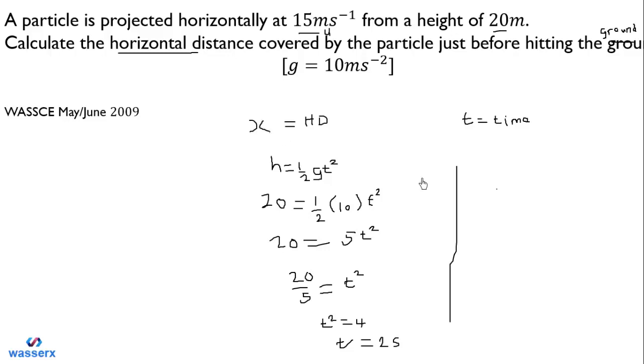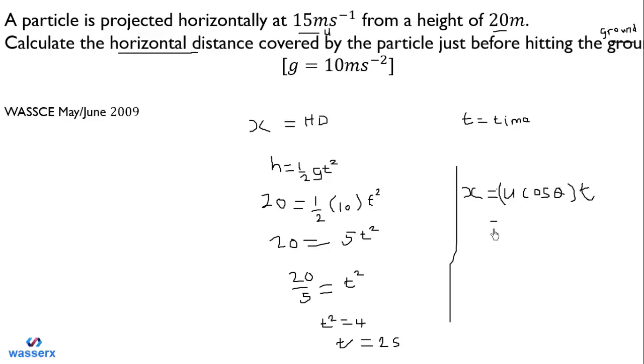X over here, x is equal to the initial velocity cos alpha, cos theta, then times the time, which is t. So the time is, now we had 2 seconds.